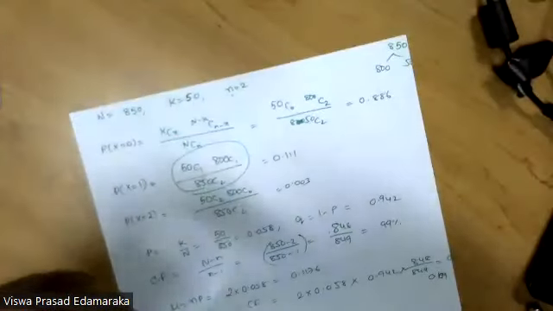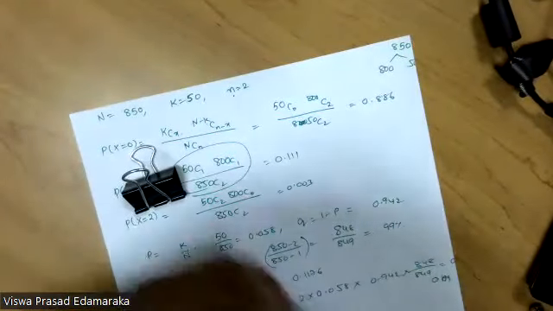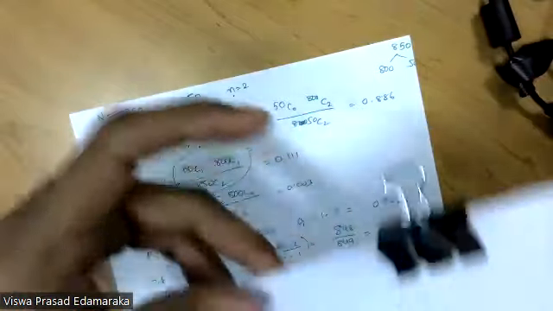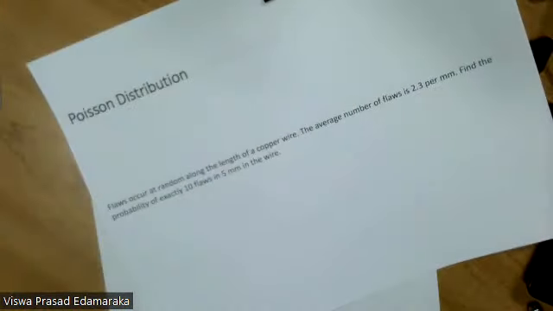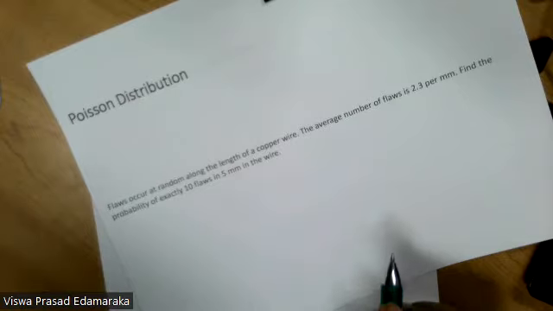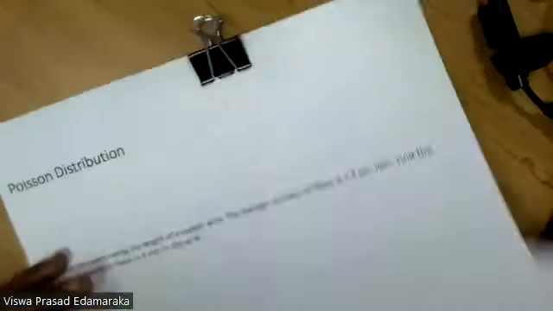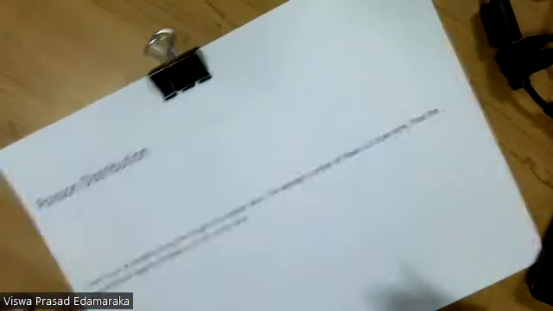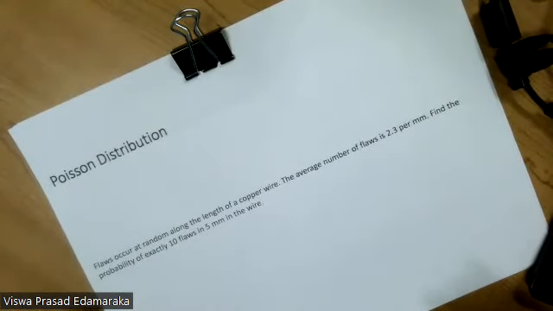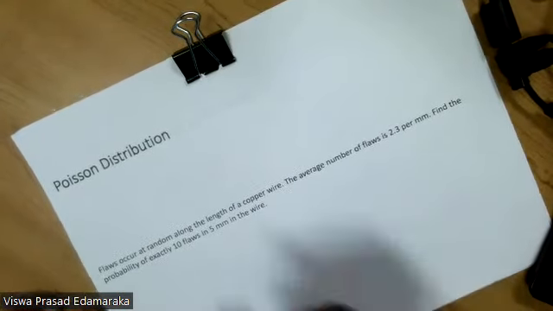Very important distribution, that is Poisson distribution. And many people have an exam tomorrow regarding Poisson distribution in our operations research. Every time I told you that every distribution has a keyword. Based on that keyword, we can find out which distribution it is.